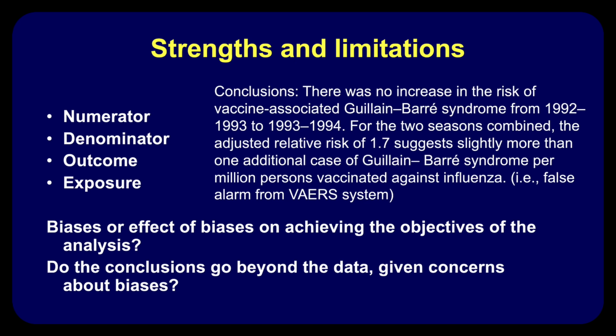And when you're thinking about a system like VAERS, it can be very complicated to interpret, but this increase could be due to increases in the efficiency of reporting cases to VAERS. It could be due to increases in vaccine coverage, which we observed from one season to the next, increases in the background rate of Guillain-Barré syndrome, or a small increase in risk associated with the vaccine.